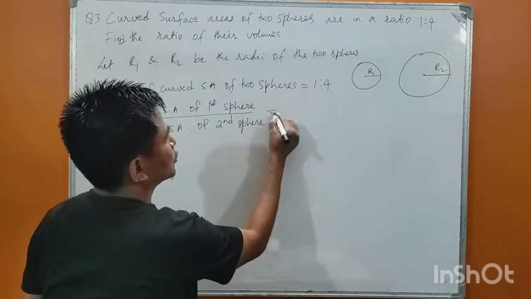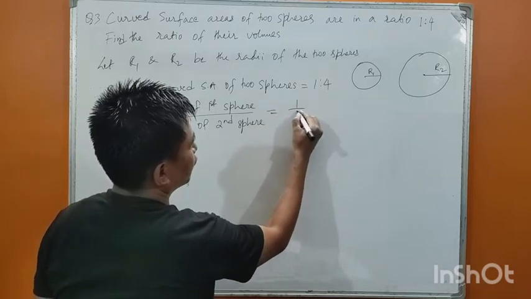That gives us ratio 1:4. 1:4 means 1 upon 4, isn't it?